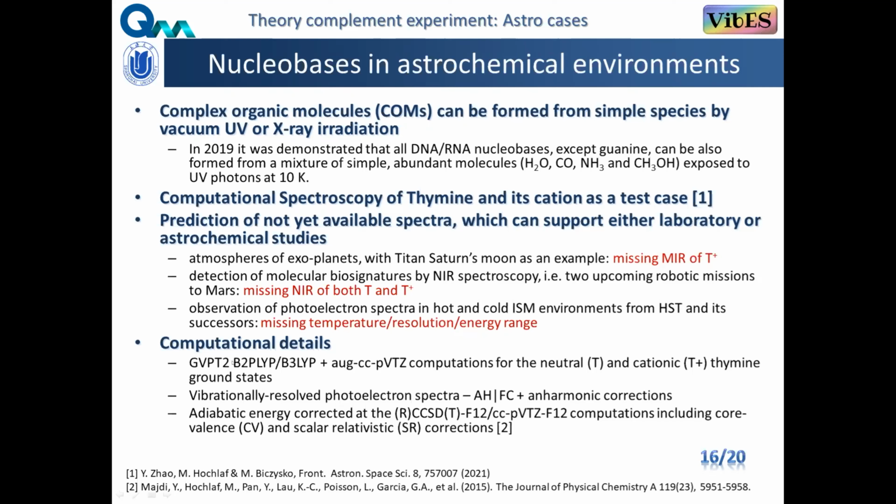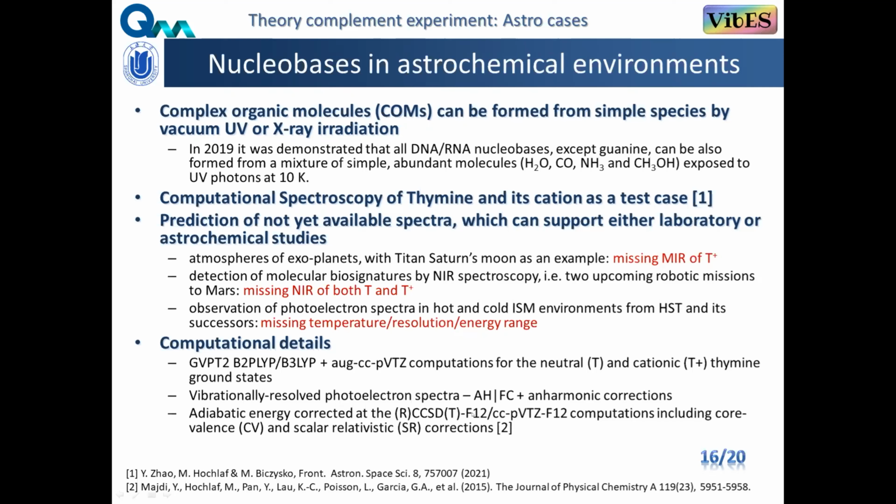So the computations have been done with the GVPT2 model using hybrid and double hybrid functionals for both neutral and cationic thymine. So these are both ground state, which is kind of easy, and the vibrationally resolved photoelectron spectra were calculated by the adiabatic Hessian Franck-Condon model, plus anharmonic corrections coming directly from these GVPT2 calculations.